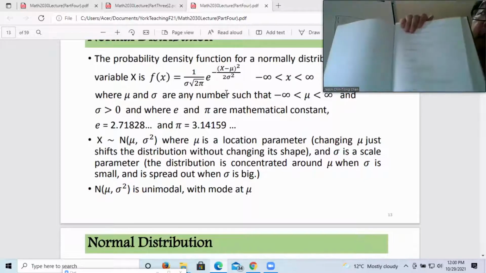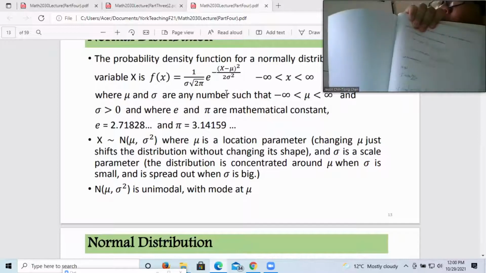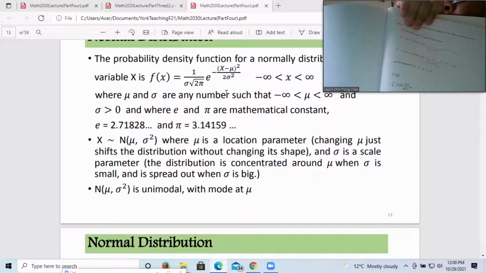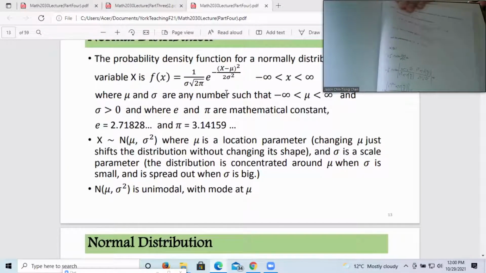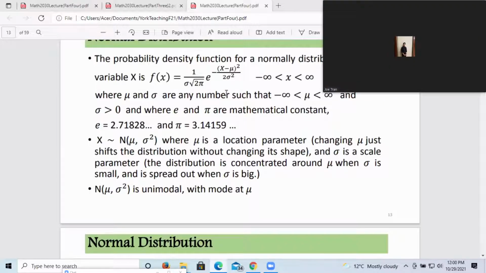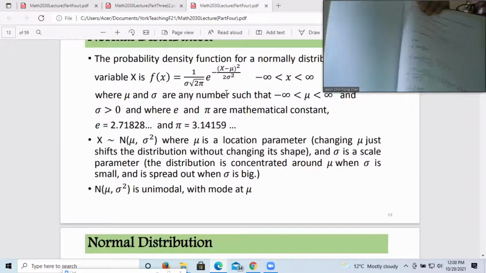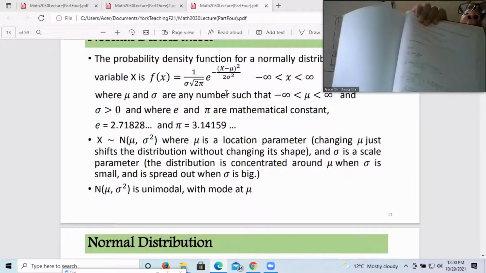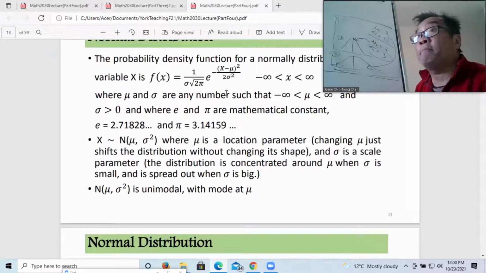This is the integration. Can you see the integrations? Yes, I could see them. This integration, I think I spent more than one week to do it. It is integration by parts.